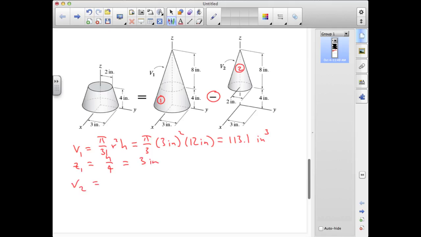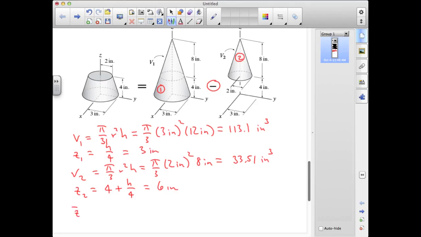For the second volume, the base radius is 2 inches, the height is 8 inches, and that gives us 33.51 inches cubed. The z-coordinate of its centroid requires us first to go up to the bottom of its base, which is 4 inches, plus then h over 4, which is 8 over 4, or 2. So the z-coordinate for the second volume is 6 inches.